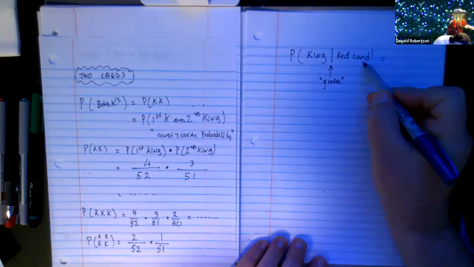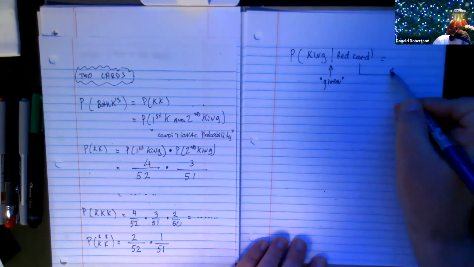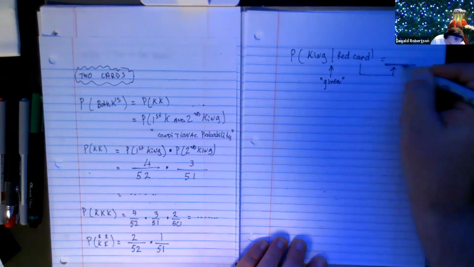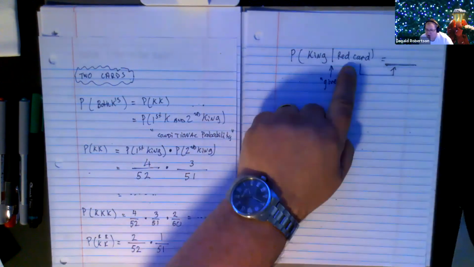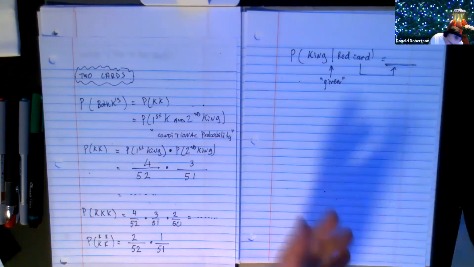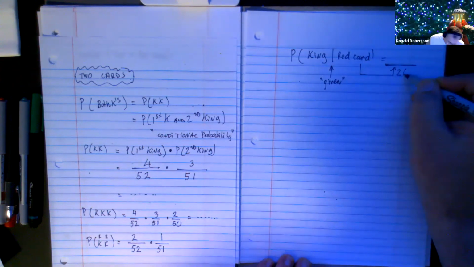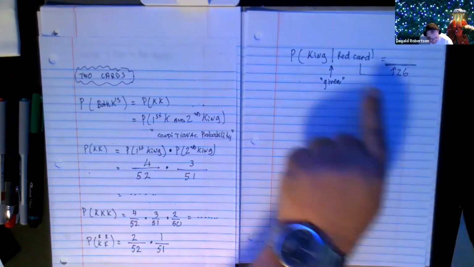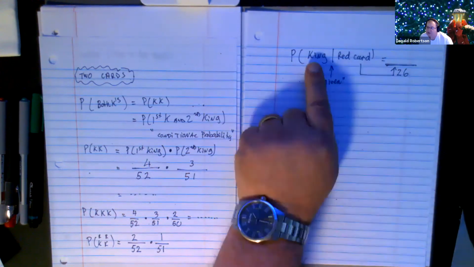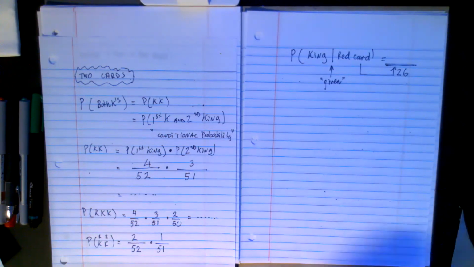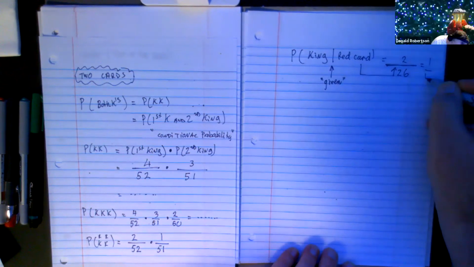Well, if you are told that it's a red card, or whatever you happen to be told, that changes the bottom number. Because what that means is, it's not any of the 52 cards now. It's only red cards, because we've been given that that's what happened. And so can you see in this particular story, it changes to 26. Now, how many of the red cards are kings? 2. So can you see that this probability is 1 out of 13?